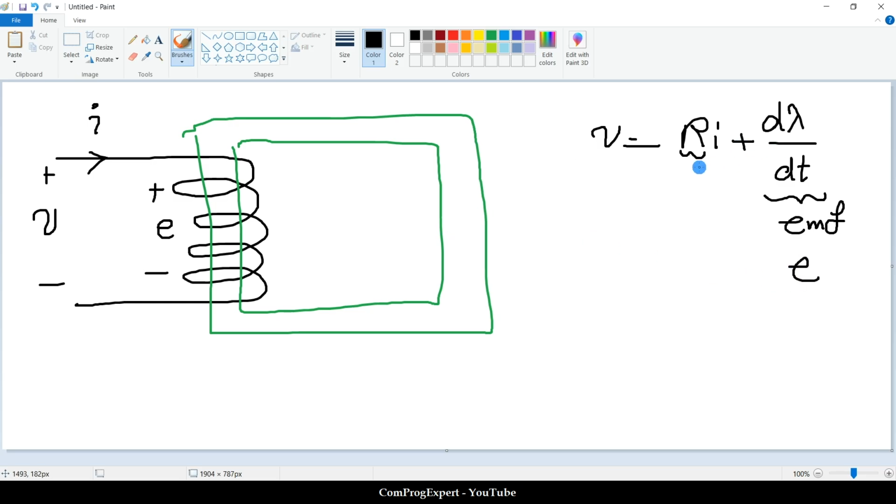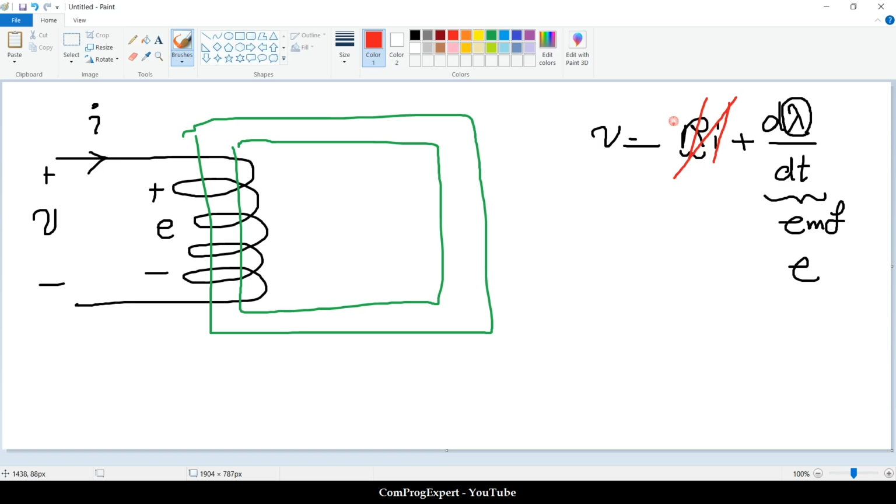Okay, so what is R? R is the ohmic resistance of the coil. Lambda is the total flux linkage to this coil. If I neglect the resistance, the resistive drop, either considering a low resistance or a low current, right?